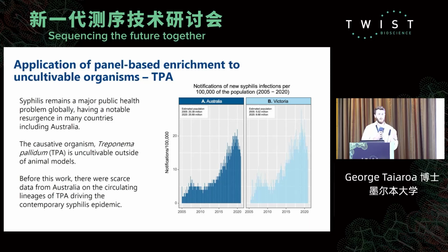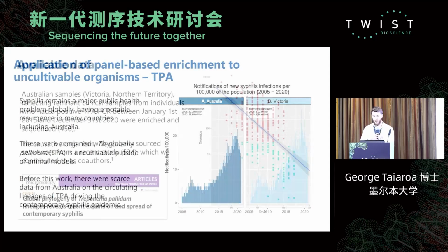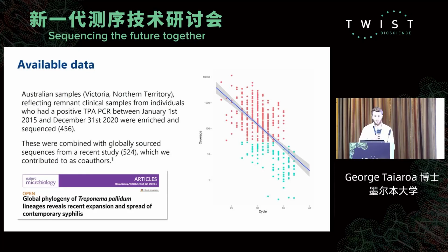Is it an outbreak of something that we really need to respond to specifically? Or is it changes in public health? Is it people behaving differently and transmitting the bacteria in different ways? And we could answer that using genomic methods. And so this is using, again, a panel-based culture-independent sequencing method to enrich material out of these samples directly and sequence them.